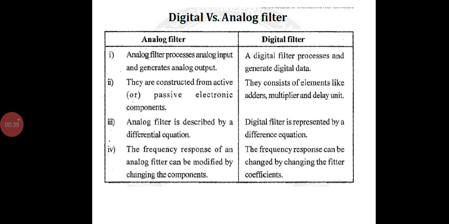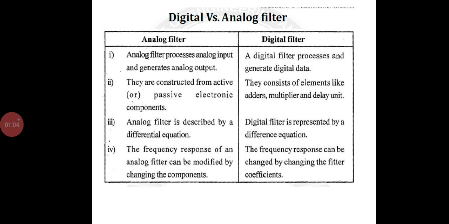While we are comparing the digital filter versus the analog filter, an analog filter possesses analog input and generates analog output. A digital filter possesses and generates digital data. Analog filters are constructed from active and passive electronic components, and digital filters consist of elements like adders, multipliers and delay units.